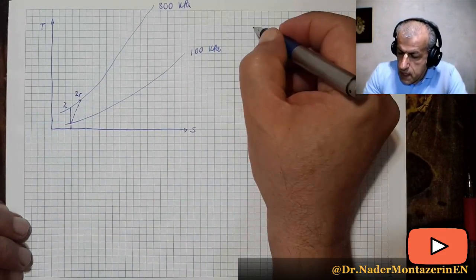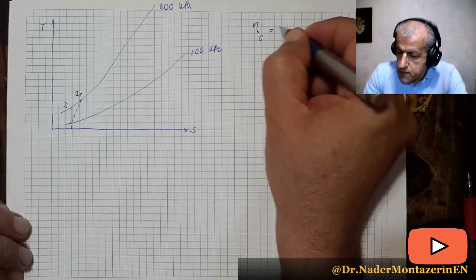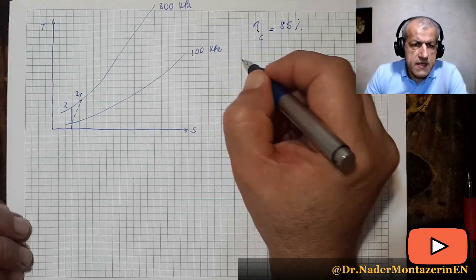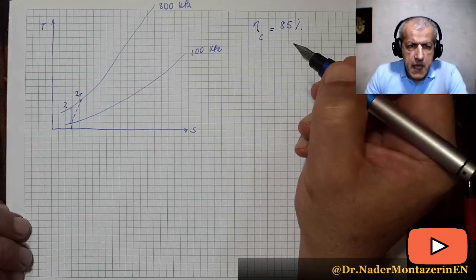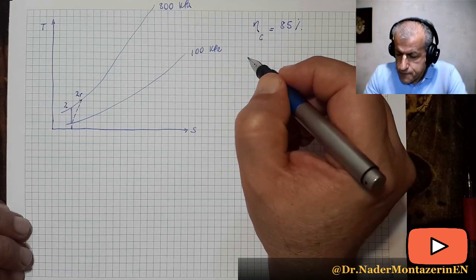Assume that eta for the compressor is 85%, which is a fairly realistic value. Something between 80 to 85% is common.